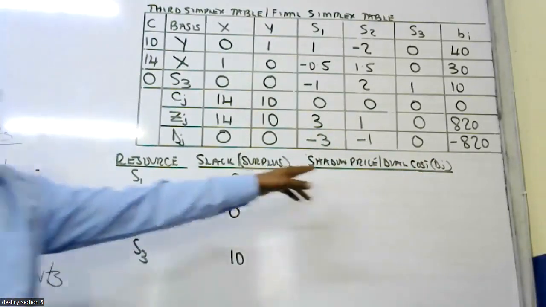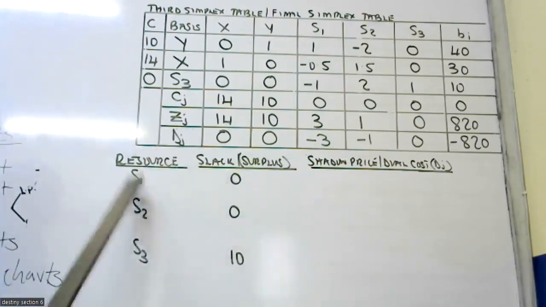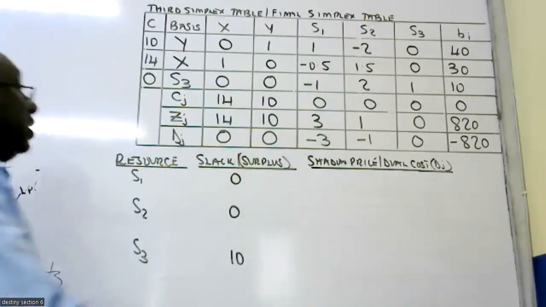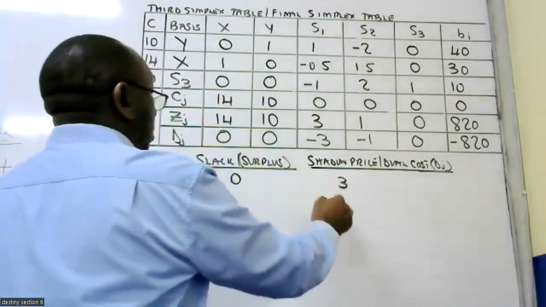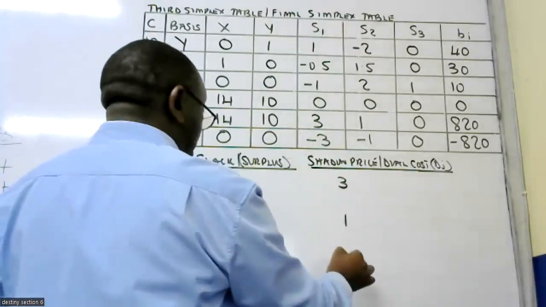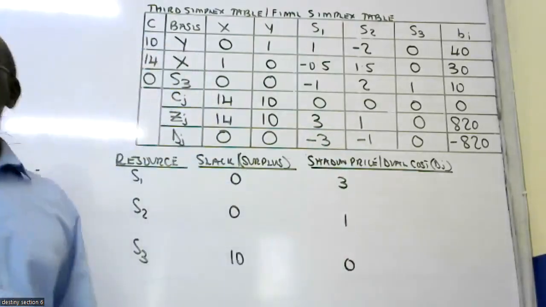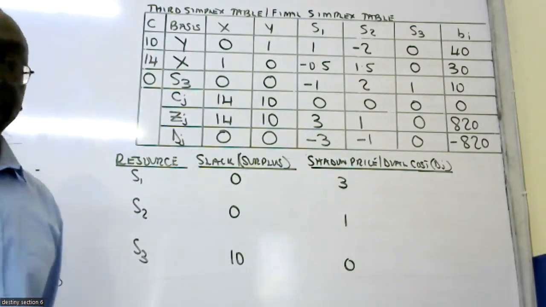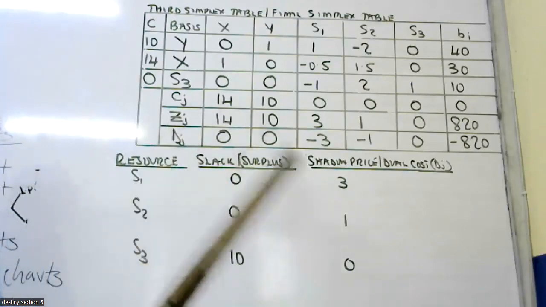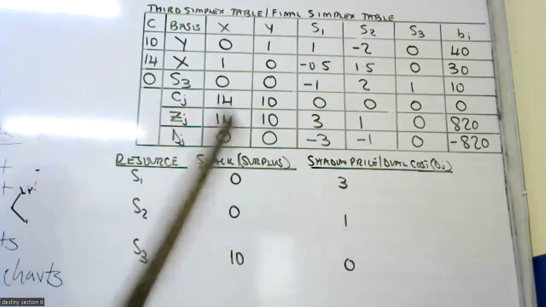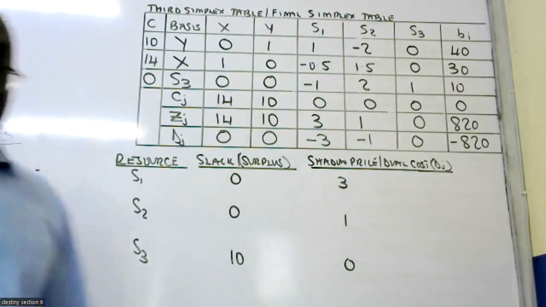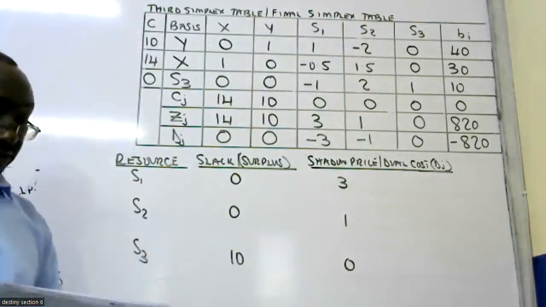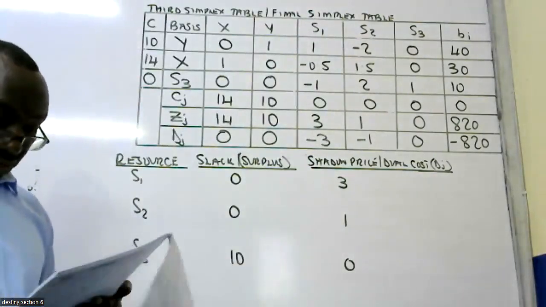Now, this shadow price of the DJs, they are the values of these S's hapa kwa DJ. Naona S1 iko na 3, so you just put them as positive. Huyu mwingine ako na 1 na huyu mwingine ako na 0. Those are the values they are asking. So you can see everything is there. It's only that the interpretation. But there is a lot that needs to be done for us to confirm these values. But that is the way they should be.